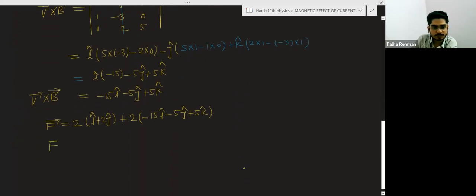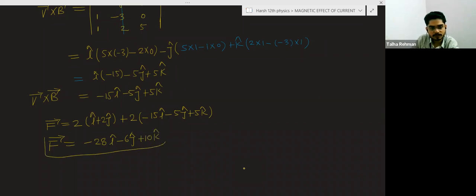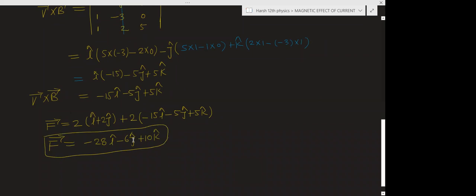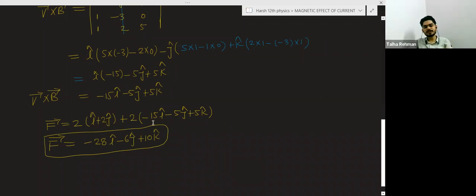So this force, total force or the Lorentz force, you will get the answer minus 28 I cap minus 6 J cap plus 10 K cap. This vector addition you can do by yourself. It's very easy. This is just the addition of I cap with I cap, J cap with J cap, K cap with K cap.